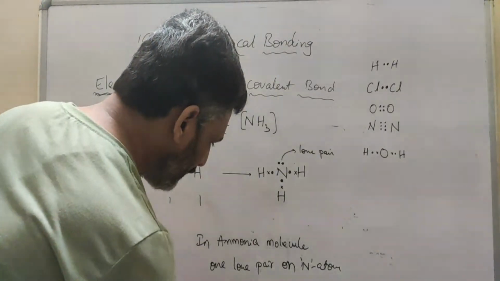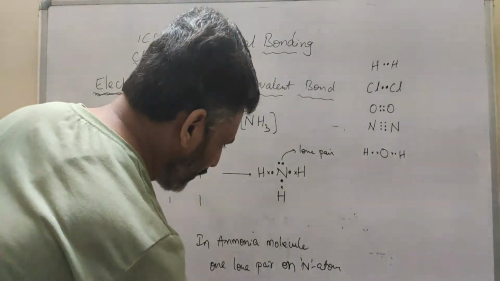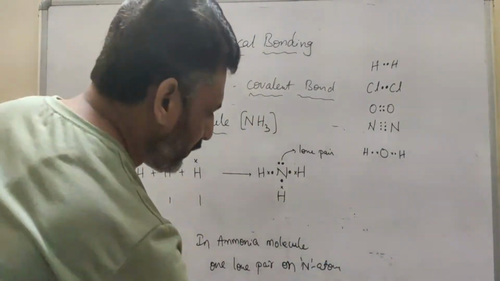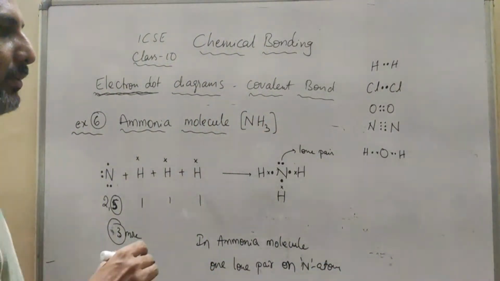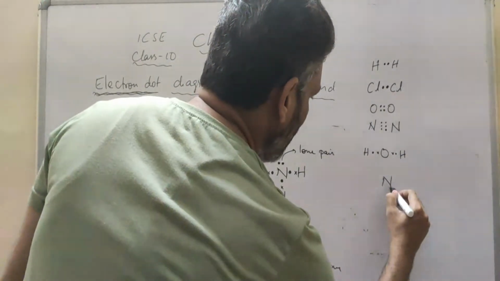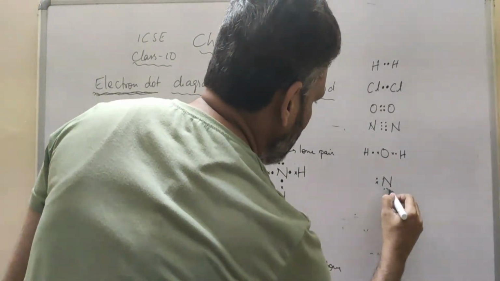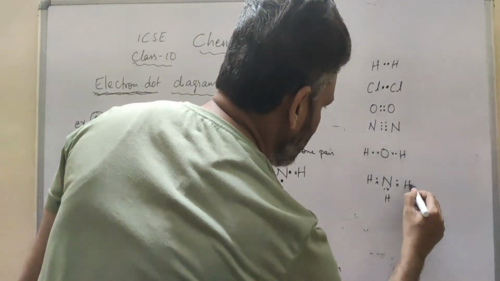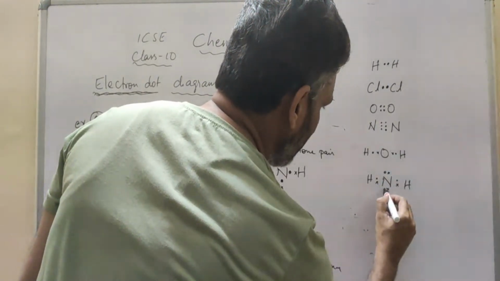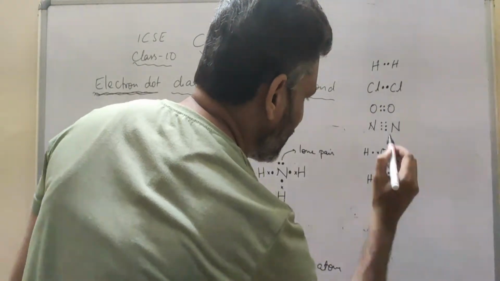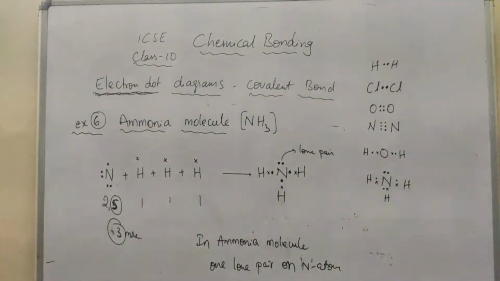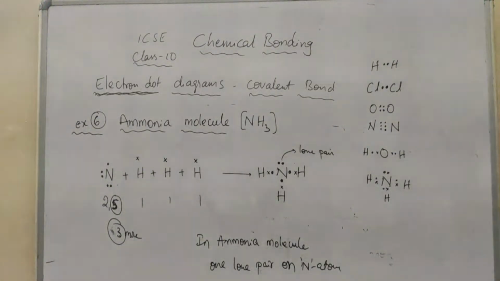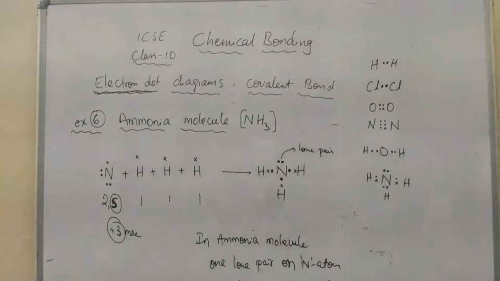And there are 3 single covalent bonds. Okay, so this is the ammonia molecule. It is not a triple bond, it is just 3 covalent bonds: single bond, single bond, single bond.